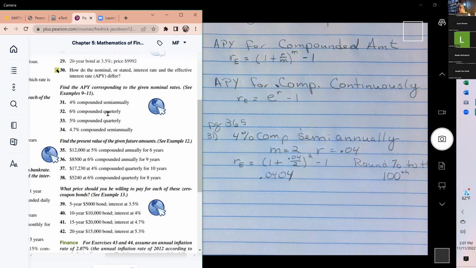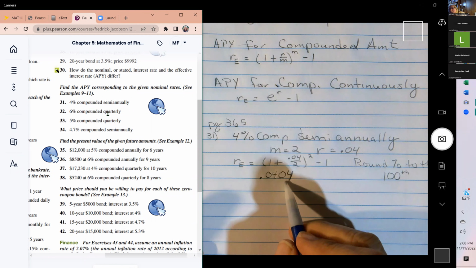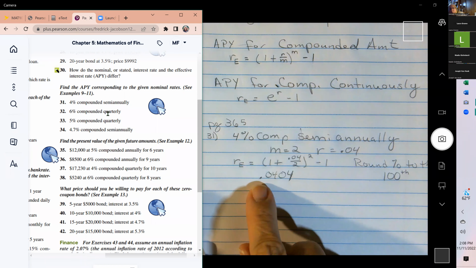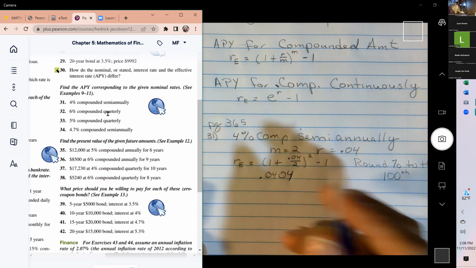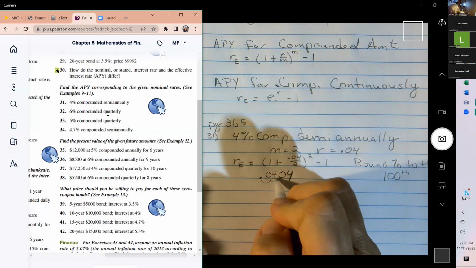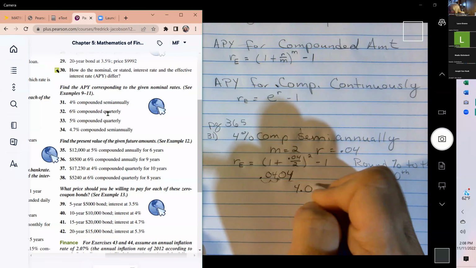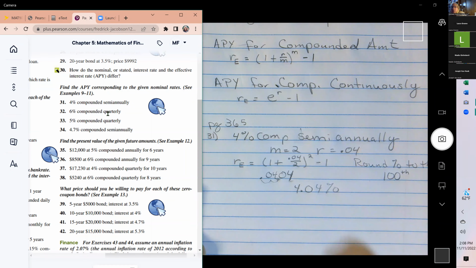Are you getting 0.0404? Now this is a rate, it's not the percent. So if we did have to round, it wouldn't just be 0.04. You have to make it a percent first. Then you would round. So it's 4.04%.